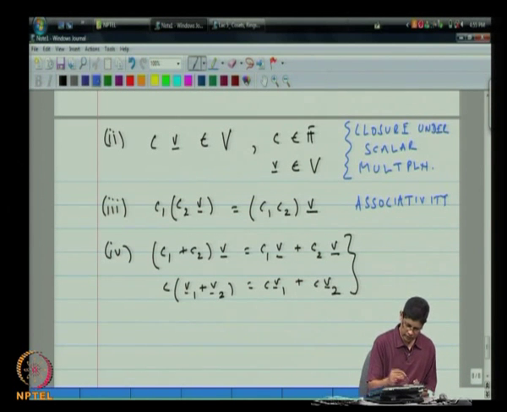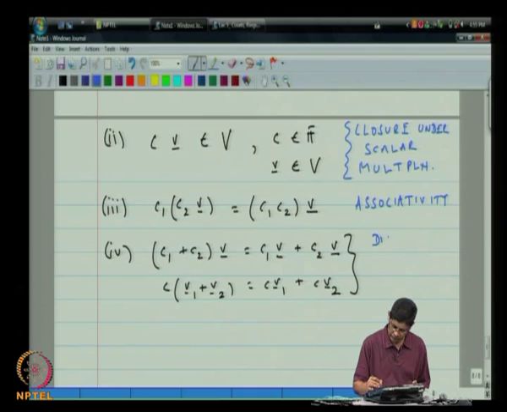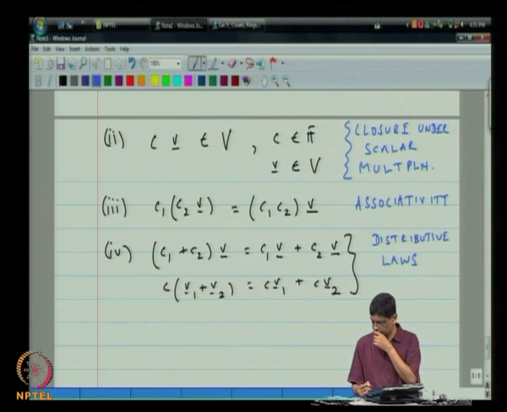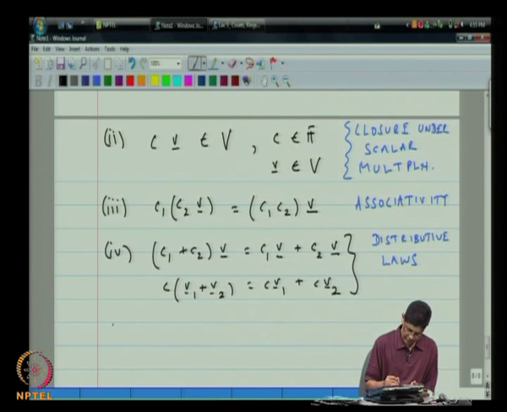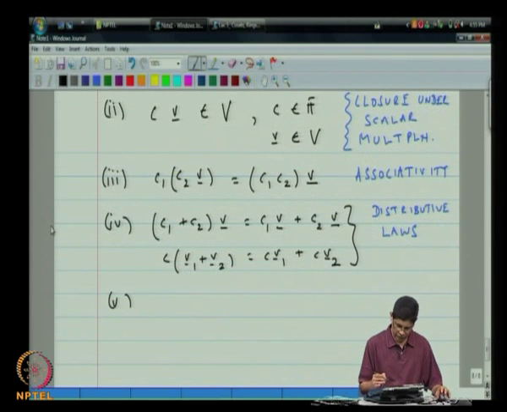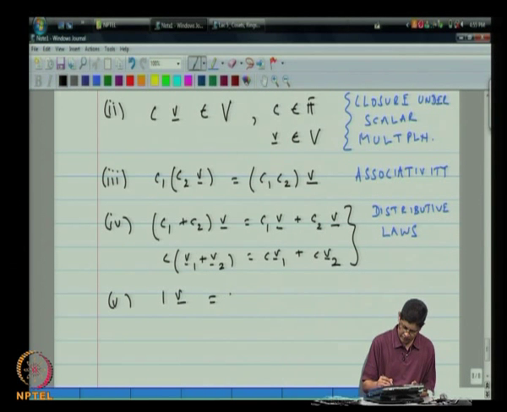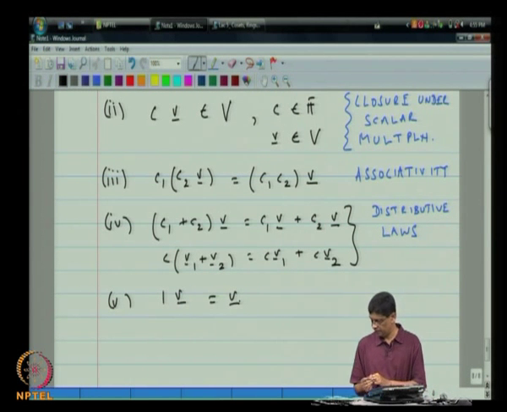So, these are called the distributive laws. The final axiom says that if you take the element 1 and multiply any vector with it, you will get the vector back. Okay.